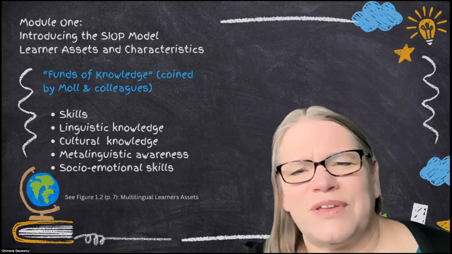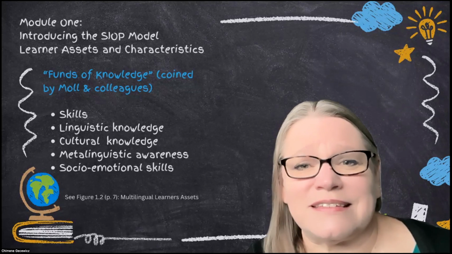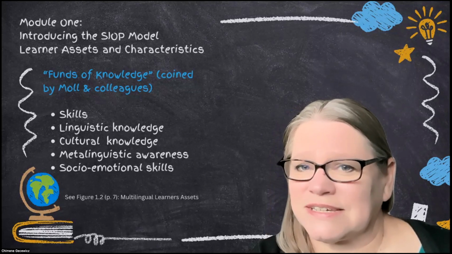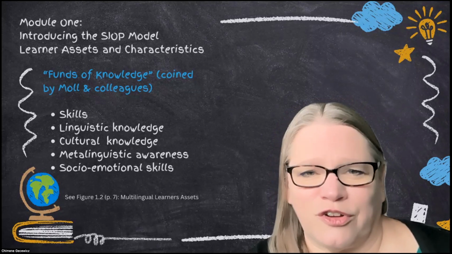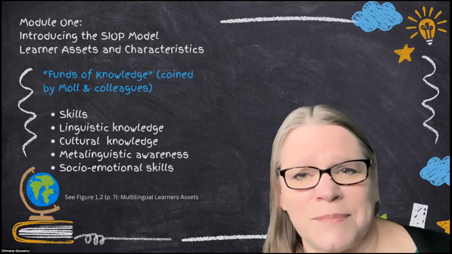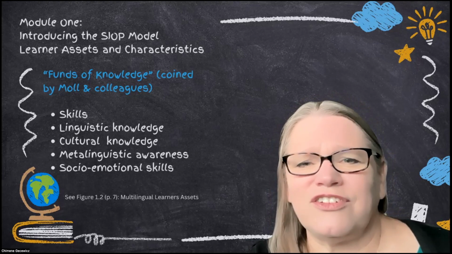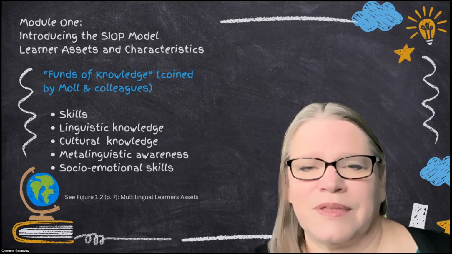In addition to linguistic assets, multilingual learners bring life experiences and social emotional skills that influence their learning. Some may have experienced migration, family separation, or challenges adjusting to a new country.